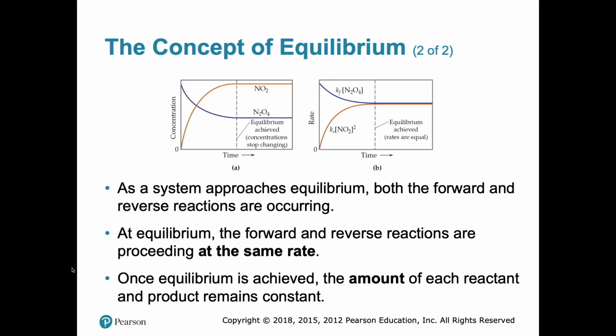Okay, let's look at it graphically here. This is the graphical representation of what we saw up there in the pictures. We have nitrogen dioxide, and its concentration is going up. And here we have dinitrogen tetroxide, and its concentration is going down, right?